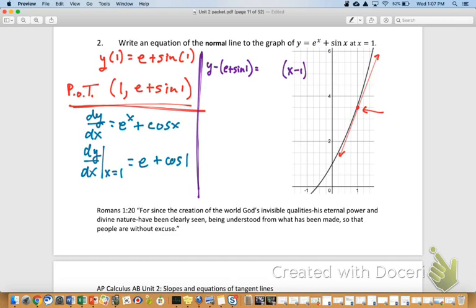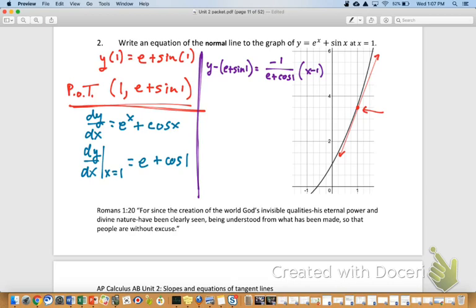Now, what's the something that needs to go there? The slope of the normal line, right? If the normal line really is perpendicular to the tangent line, what do I need to do with that e plus cosine of 1? Opposite reciprocal. That's right. So maybe something like negative 1 over (e plus cosine of 1). Something like that be okay?